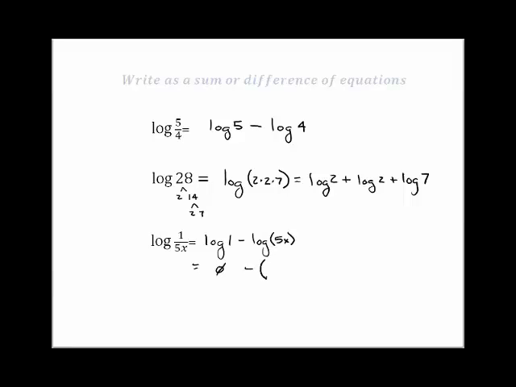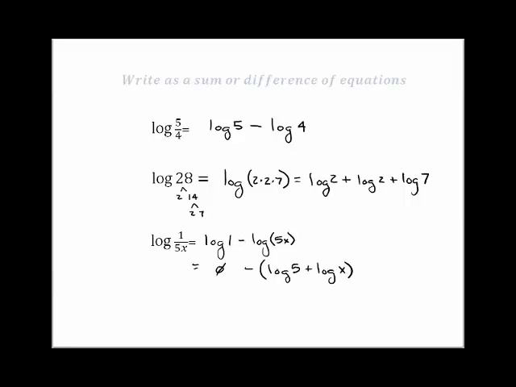What we have here is the log. Now we're multiplying. The log of 5 plus the log of x. Now notice I've put them in parentheses because what you've got to remember is you're dividing the entire 5x.